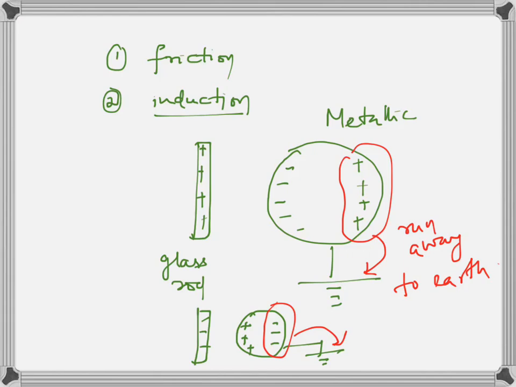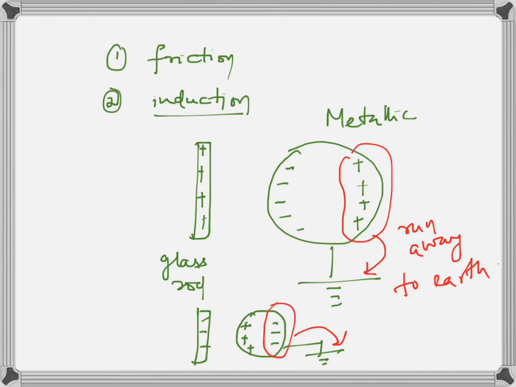If you bring a glass rod with positive charge, the charge on the metal will be negative after you connect it to earth. If you bring an ebonite rod with negative charge, the charge on the metal will be positive after you connect to earth. Why this happens we will see later, but you must understand this process of charging by induction. That is the most important thing.